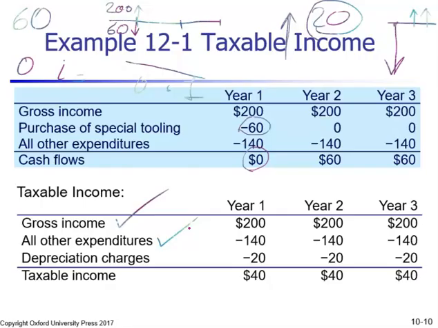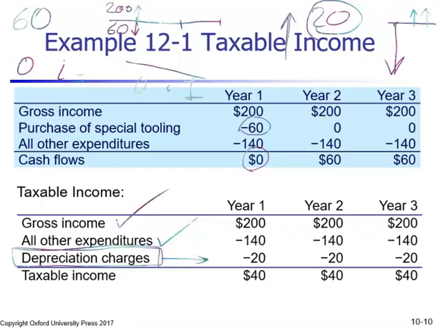You may ask, what is the difference between these two tables? Just these depreciation charges. We have depreciation charges in this one that will help us to pay legally lower tax.